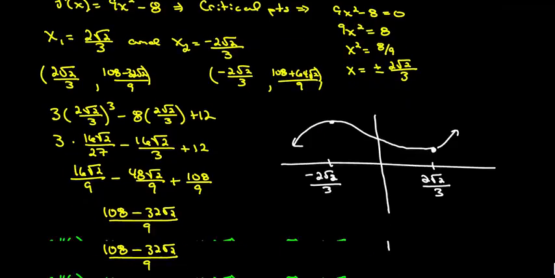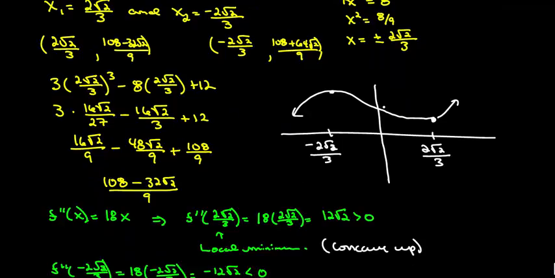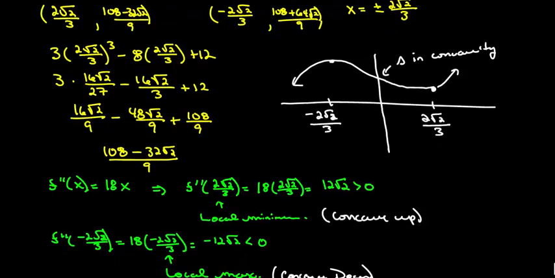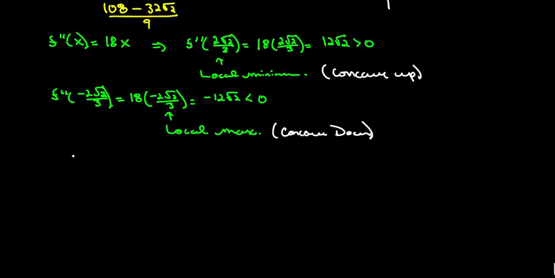Now one of the things to note is that in between it looks like there was a change in concavity. Well, the question is, when does the change in concavity occur? Well, f double prime of x was equal to 18x. A change in concavity is when this guy is set equal to 0.